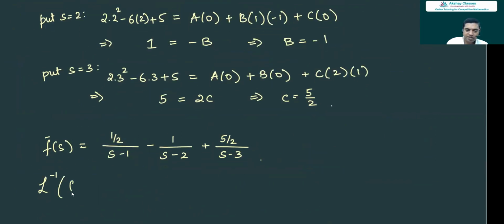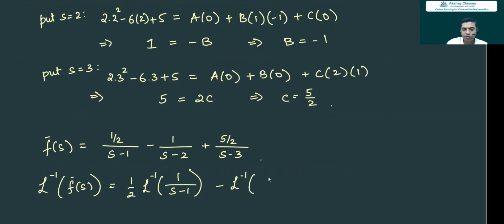We apply the Laplace inverse. So half Laplace inverse of 1 by s minus 1, minus Laplace inverse of 1 by s minus 2, plus 5 by 2 times Laplace inverse of 1 by s minus 3.